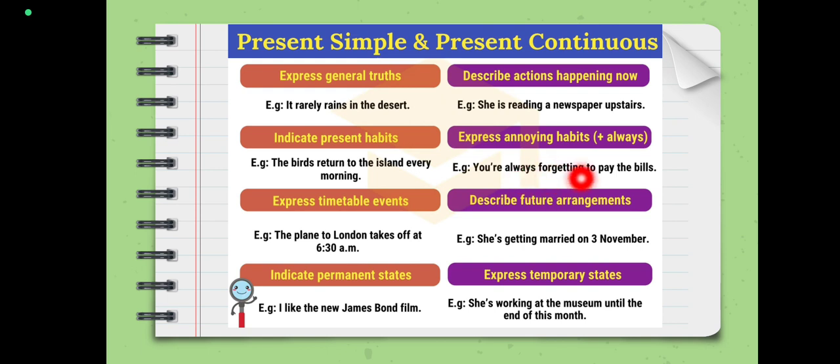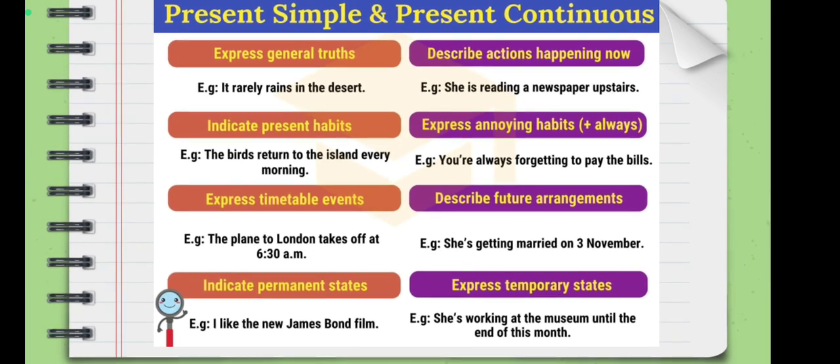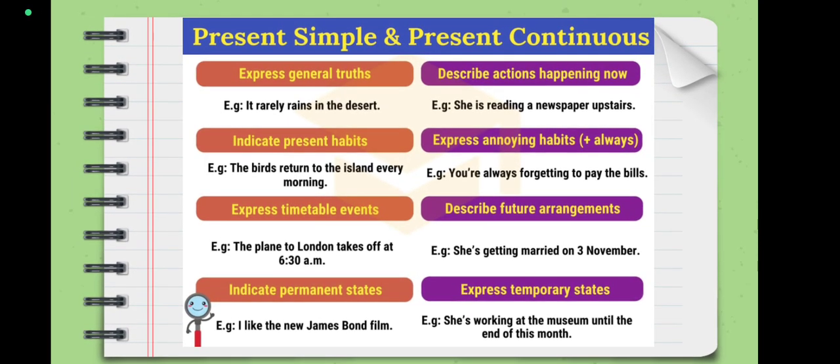For example, you are always forgetting to pay the bills, or to indicate present habits: the birds return to the island every morning. So I will choose one of you to read the examples. I will choose Miguel. Can you read, please?